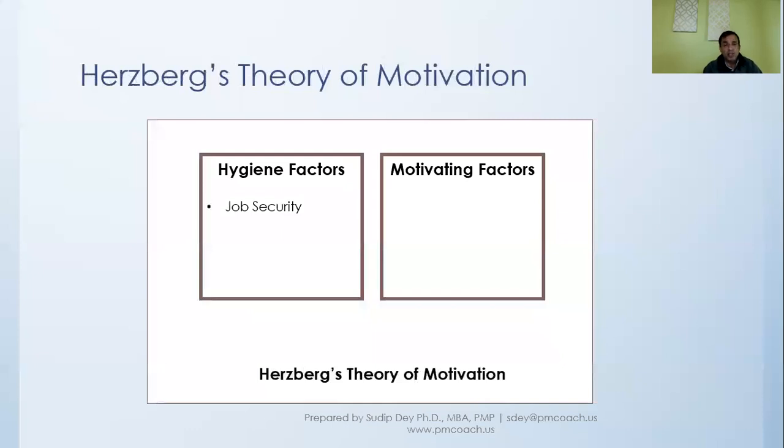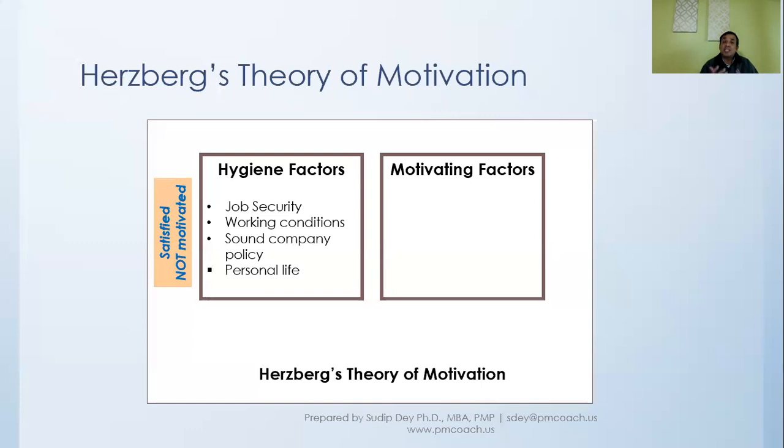So hygiene factors are factors like job security, working conditions, sound company policy, personal life. These are factors that will satisfy an employee or team member, but will not motivate, because this is in a way expected. One would expect these basic hygiene factors when they come in.